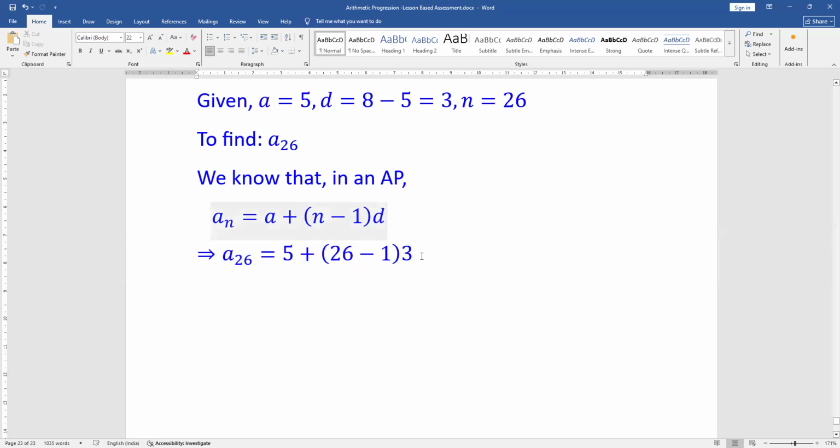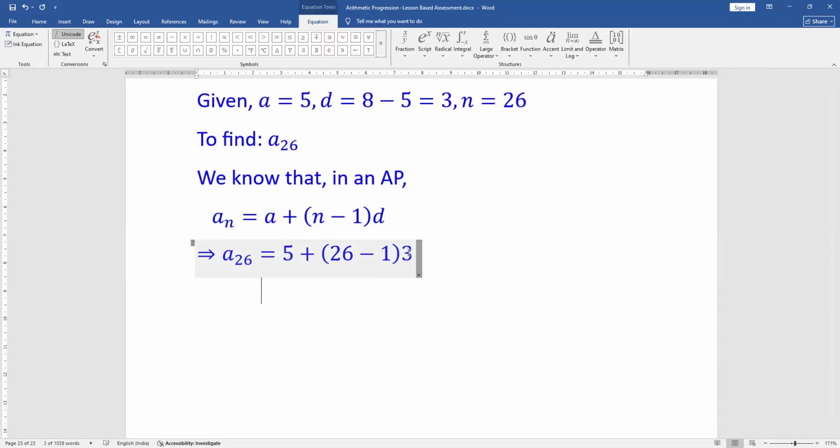Then in the next step, I write 5 plus 26 minus 1, which is 25, then multiplication, then 3.